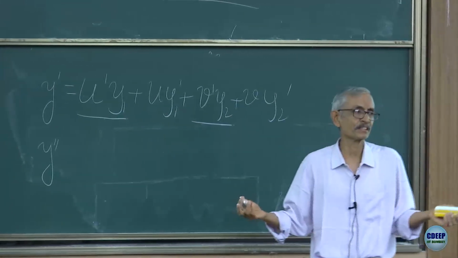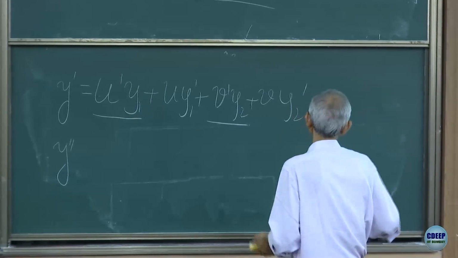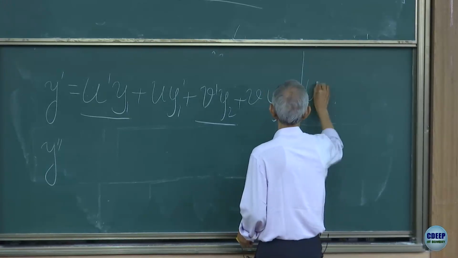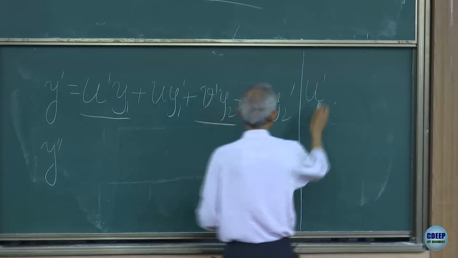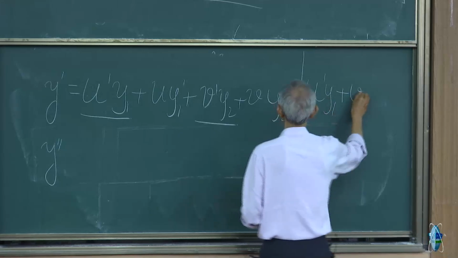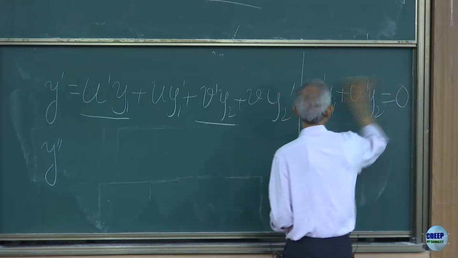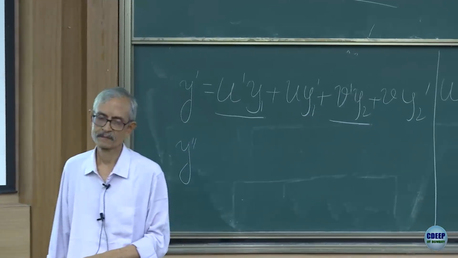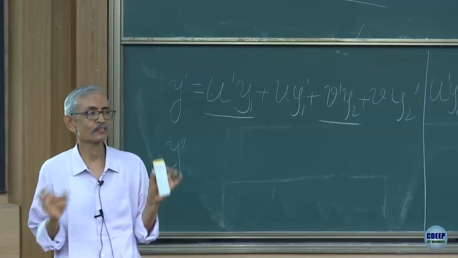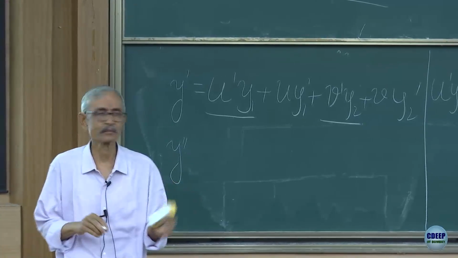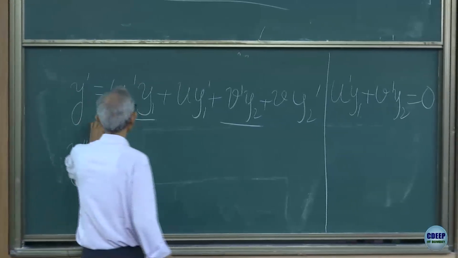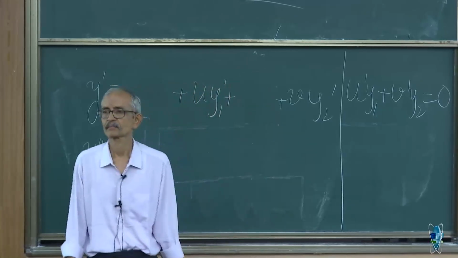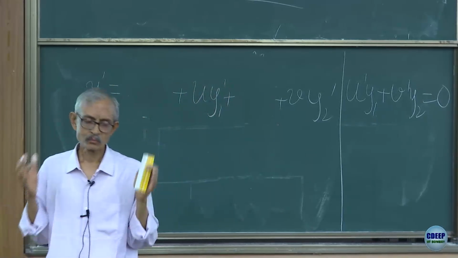So again I hypothesize something. At the end of the day, maybe it will work, maybe it will not, but you can always hypothesize certain things. So I'm going to hypothesize that u prime y1 plus v prime y2 is equal to 0. The method is not complete and therefore it's perfectly fine to do that. So we hypothesize that and get rid of these two terms. What have we done?